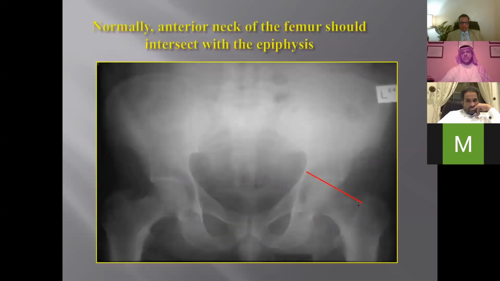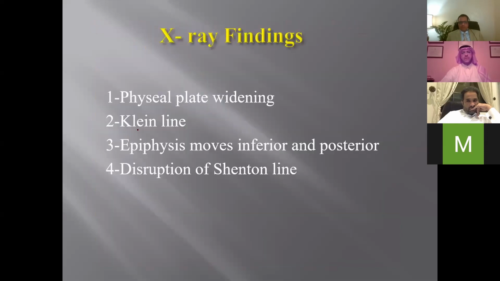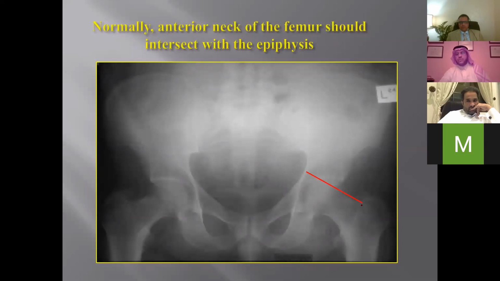So this is what we call Klein's line. This is the normal. If you draw a line along the anterior or superior surface of the femoral neck, it must intersect the epiphysis.